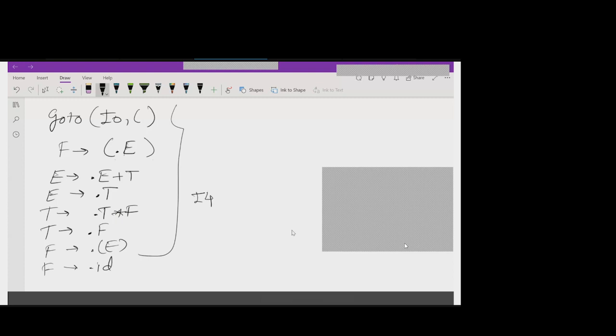So ये जो है ये आपका goto operation, लेकिन इसमें because you have got non-terminal symbol, you had to repeat all the steps. So E gives dot E plus T, E gives dot T, these two productions are repeated because of this particular dot T, and these productions are repeated because of this. Are you getting this? Is this clear?